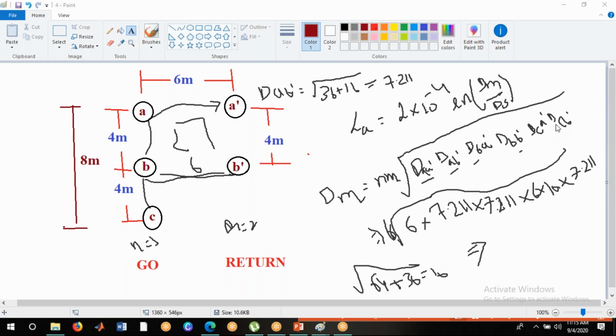Right, so the answer for Dm is 7.162 meters. So the Dm value is given by 7.162 meters.